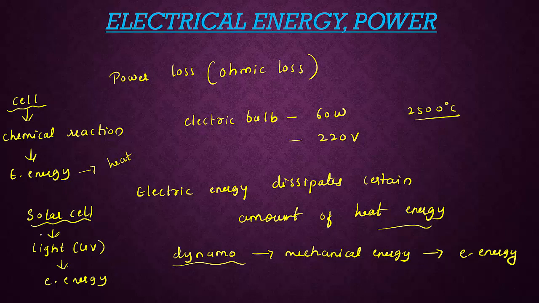When you use a solar cell, light energy is converted into electric energy. Anyhow, it dissipates a certain amount of heat. If you are using a dynamo, mechanical energy is converted into electric energy and it is also releasing a certain amount of heat energy. So we are going to call it a power loss or ohmic loss.